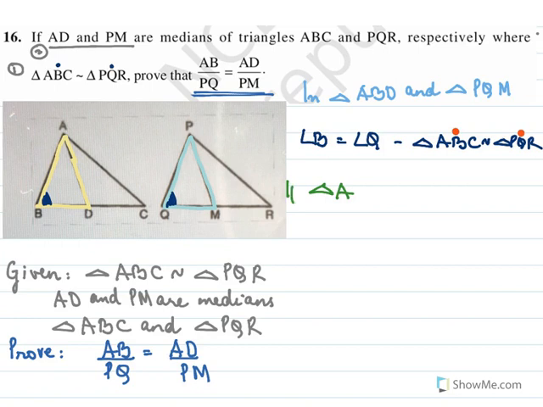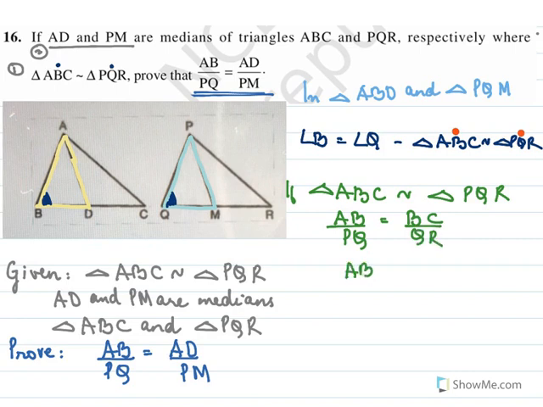So I will say if ABC is similar to PQR, I can write AB over PQ will be equal to BC over QR. Now for BC, I can write twice BD. Why can I do that?